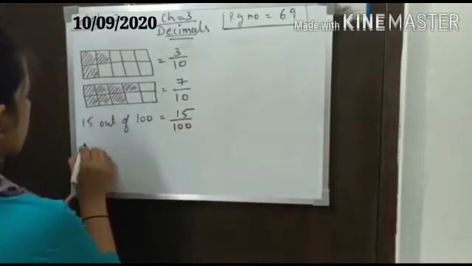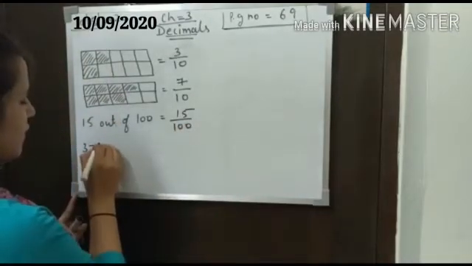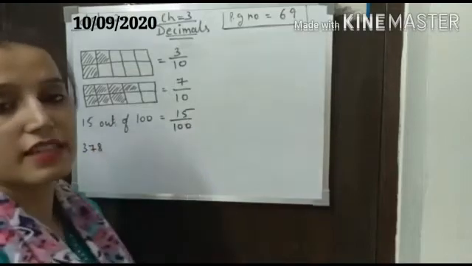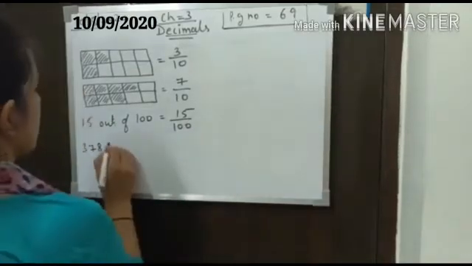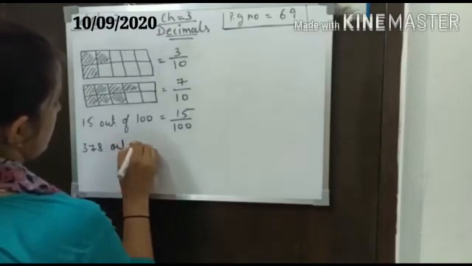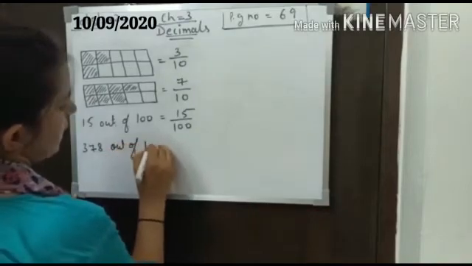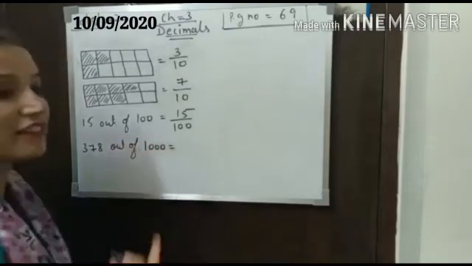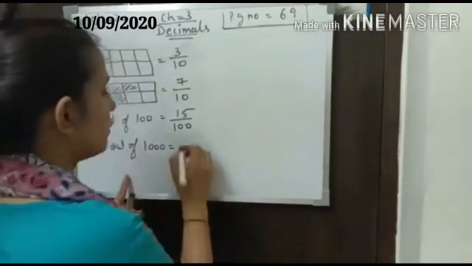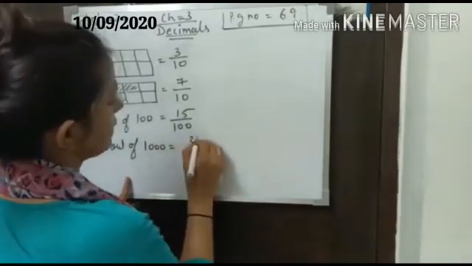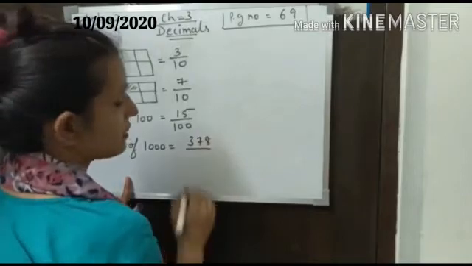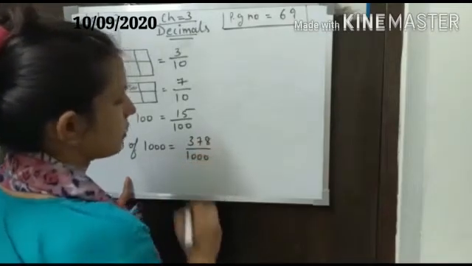Same as here, if I am taking 378 out of 1000. So how can we write this value in fraction form? We will write 378 shaded parts out of 1000.